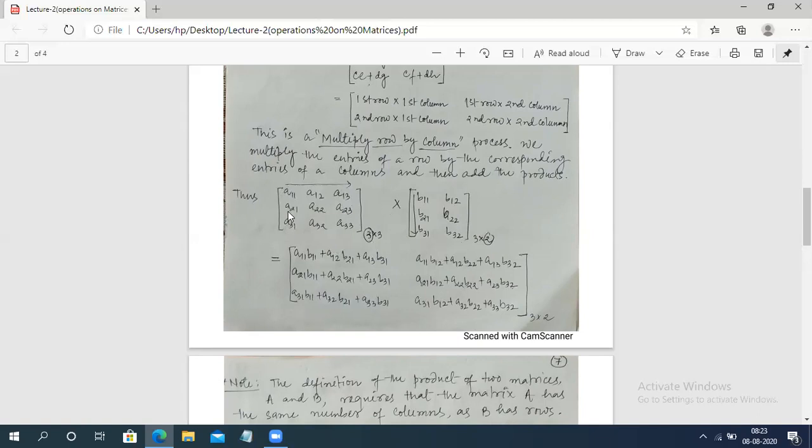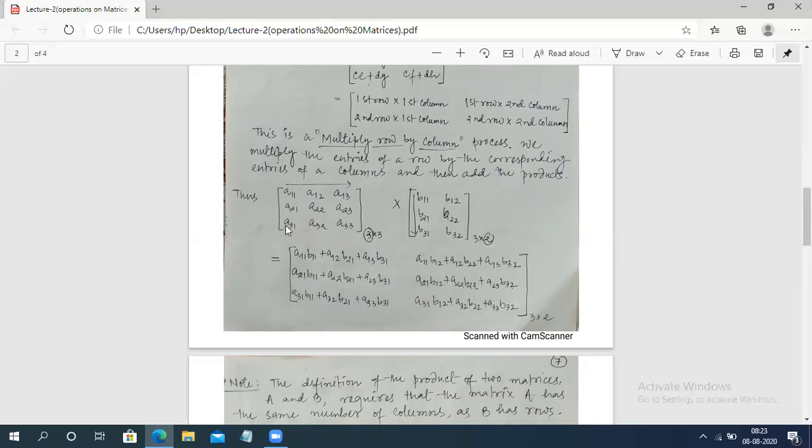Now come to the second row. Each element of this second row will be multiplied with each element of the first column, and then this row will be multiplied with each element of the second column, and we will get the second row.